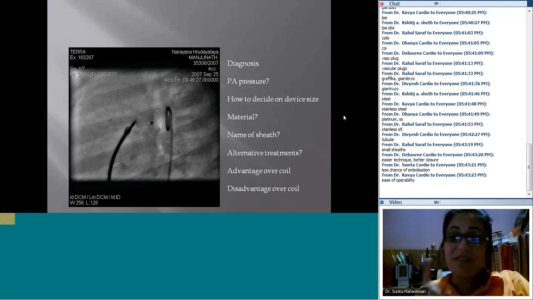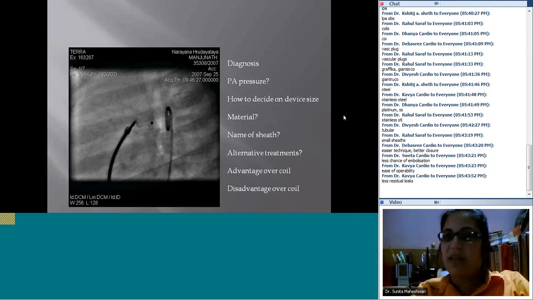The coil, in fact, you can deploy through what size sheath? Yes, it's easy technically to use the device. Less chance of embolization because you have control, even though in a coil also you can use a control method, but with the device you make sure you're okay, then you release it. Third is better closure. The chance of residual leaks is much less with the device. So the reason everyone has moved to the device is easier technique, easier operability, people are just used to it, and better closure. What is the disadvantage?